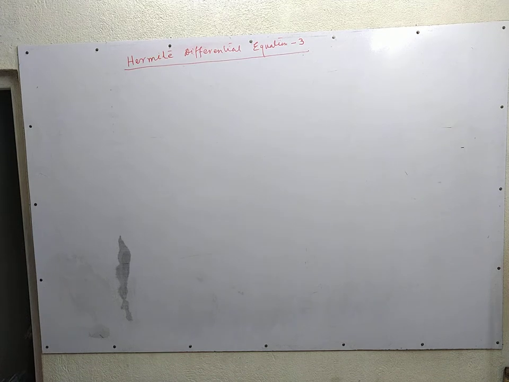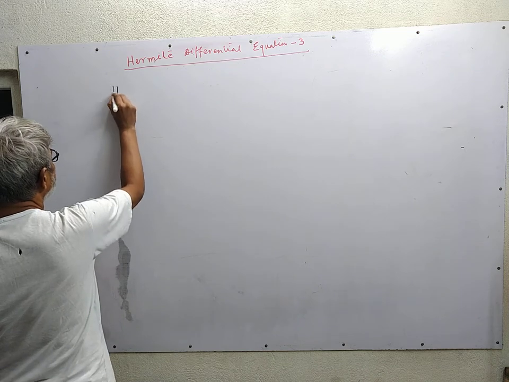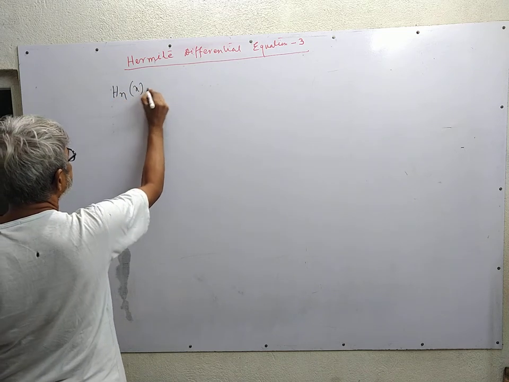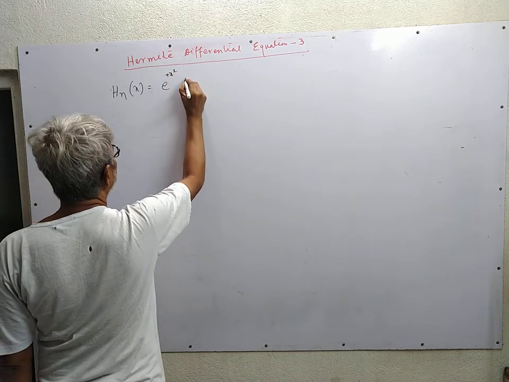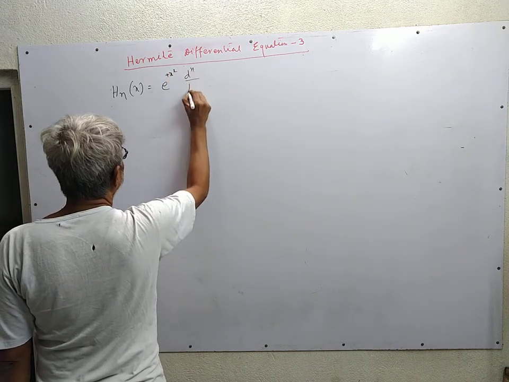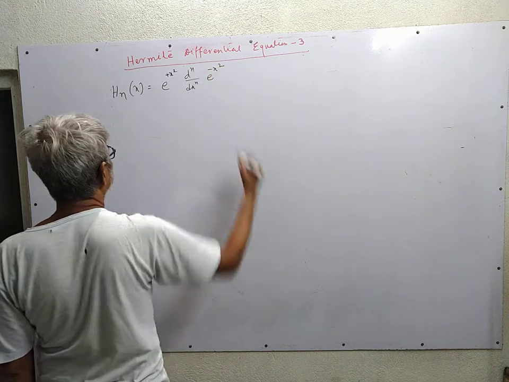Second lecture on Hermite differential equation, we discussed the Rodrigues formula. Rodrigues formula is that Hn of x is equal to e to the power plus x square dn dx e to the power minus x square.